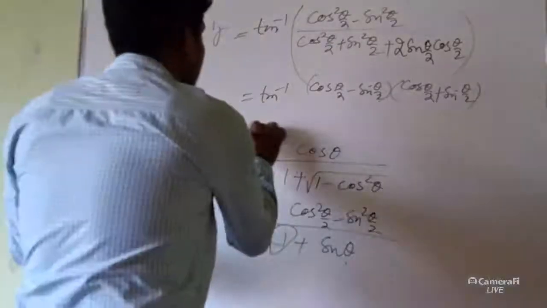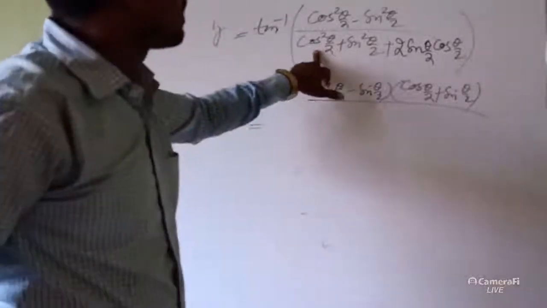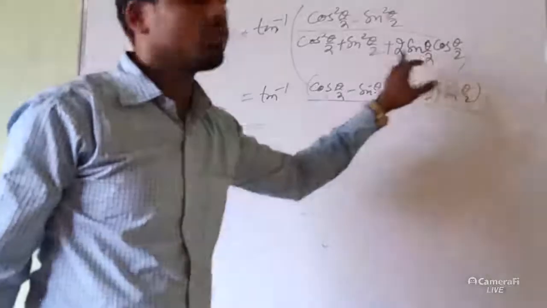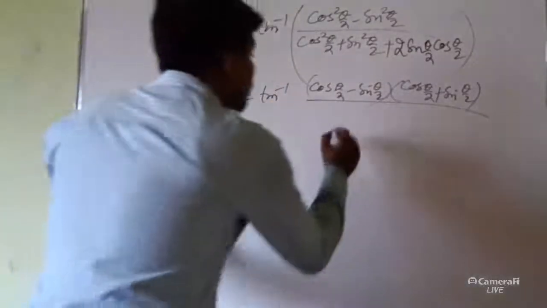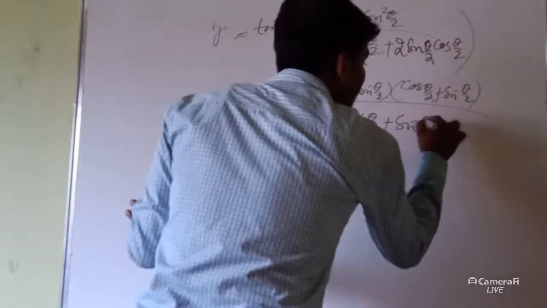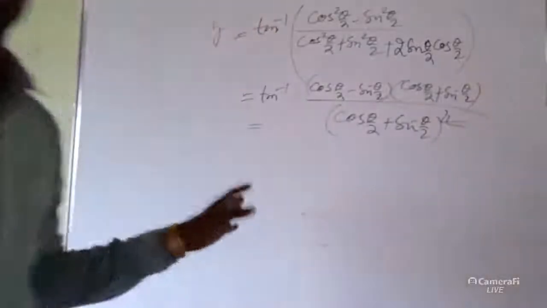Now, divided by cos square theta by 2 plus sin square theta by 2 plus 2 cos theta by 2 sin theta by 2. This is the square of a plus b, that is, the square of cos theta by 2 plus sin theta by 2.